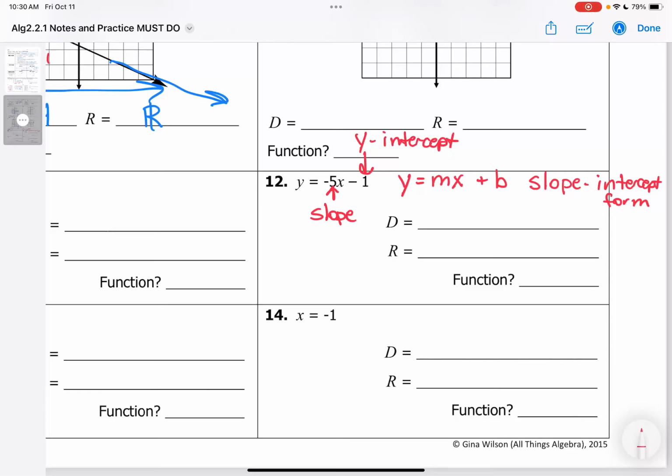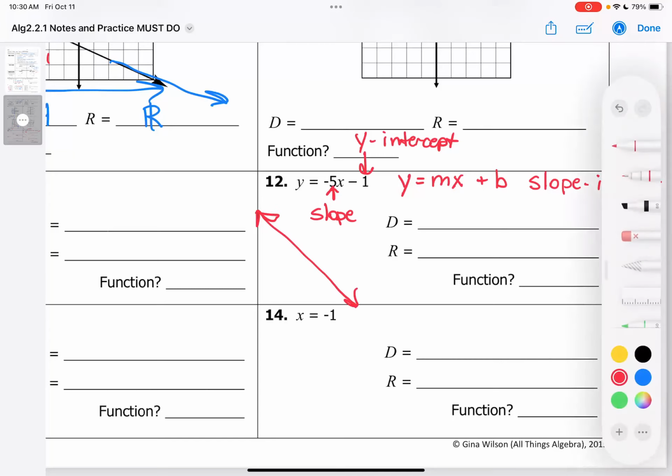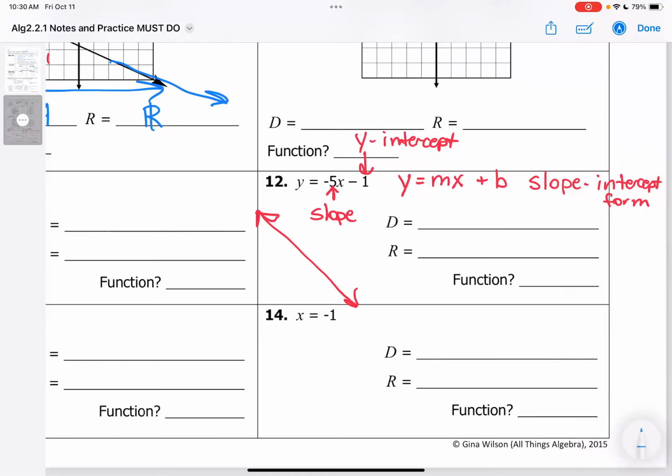So when you graph something like this, your slope is negative, so it's going to look something like this in your graph. We don't actually have to graph the whole thing to see if it's a function or not. It's just going to be a negative line whenever you have y equals mx plus b.